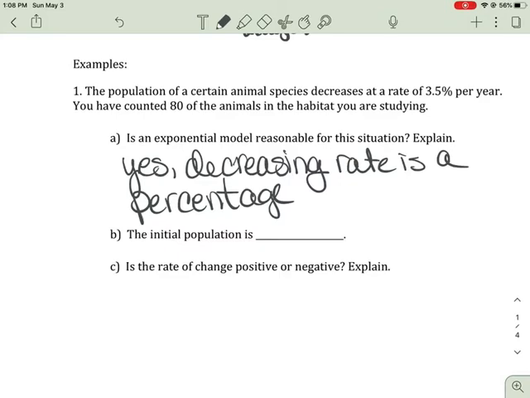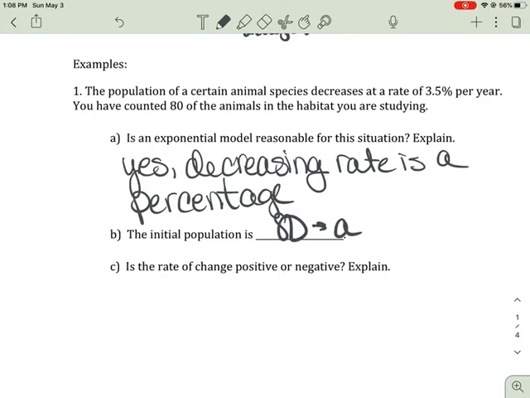So we are going to be using the amount after time equals A times 1 plus R to the t formula. We need different parts. We need our initial amount of population, which is 80. That's going to give you your A.